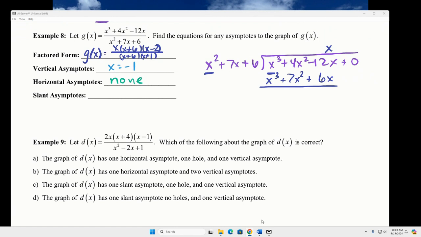All right, and then we need to be careful on our subtracting step. The x cubes cancel out just like they're supposed to. And then we're going to get negative 3x squared minus 18x. Is that right? Yeah, plus 0.